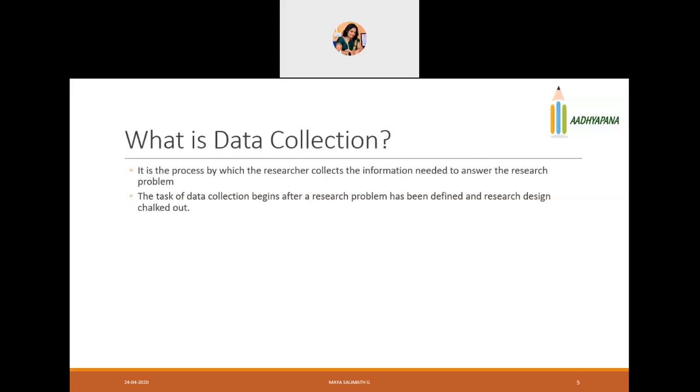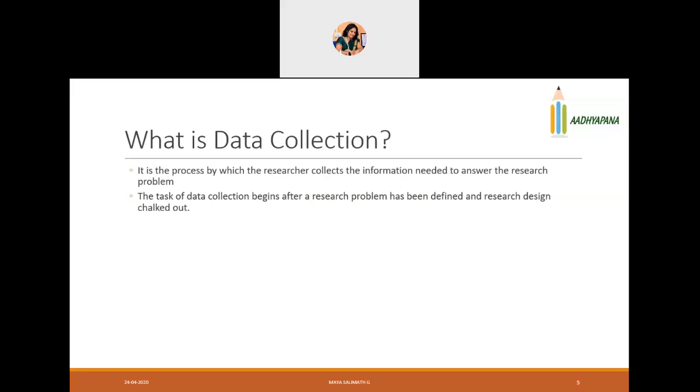Now, what is data collection? Data collection is a process in which researchers collect the information which is required for their research work. This is the information which is required for achieving the objectives of the research. This is the information which is required for proving your hypothesis.